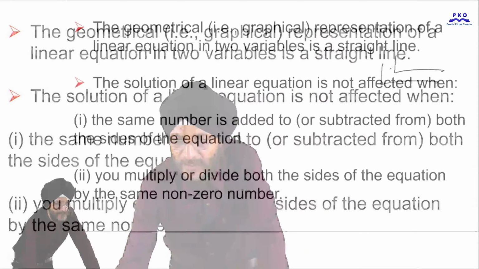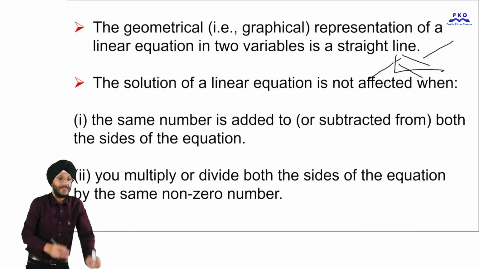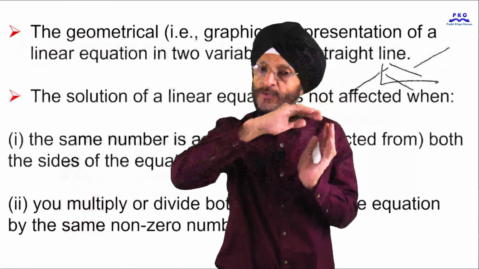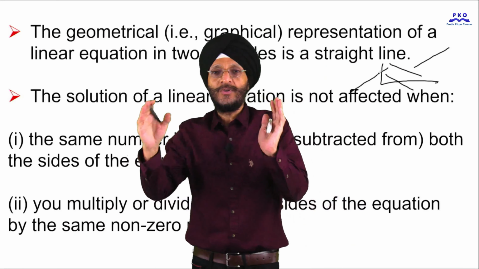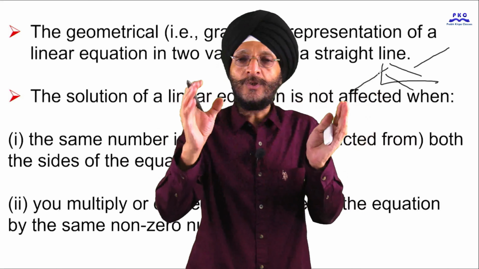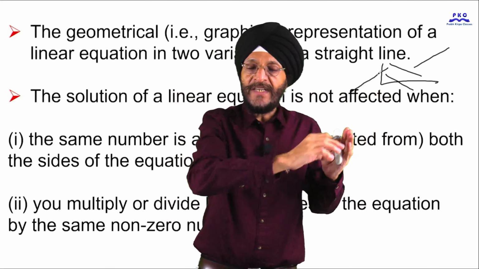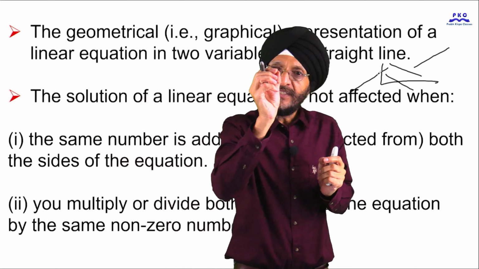That is, the line can be in this form, or it can be in this way, or in this way, but the equation will always be a straight line. The solution of the linear equation is not affected when both sides of the equation are multiplied, added, or subtracted by the same number.